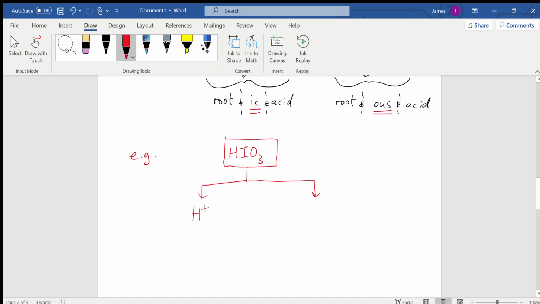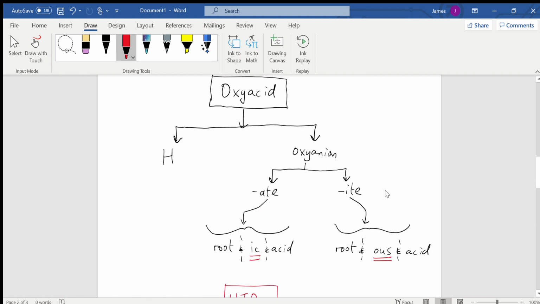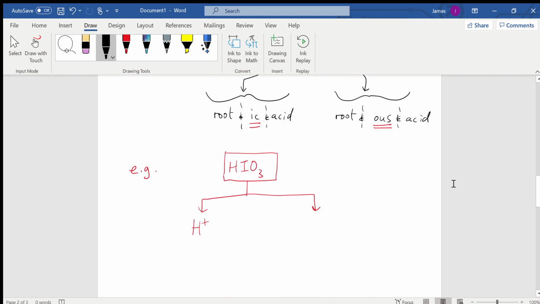And then we have our anion here, which is IO3-. This is an ate, it's actually iodate. So it's the ate suffix, or the ate root.